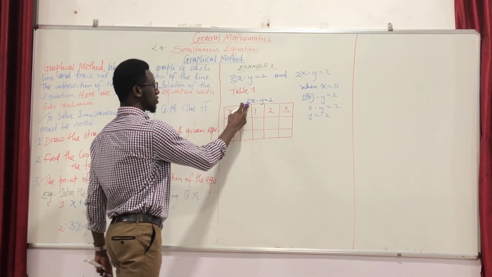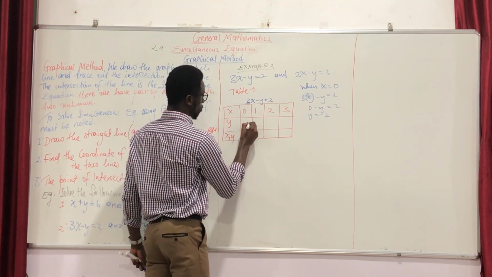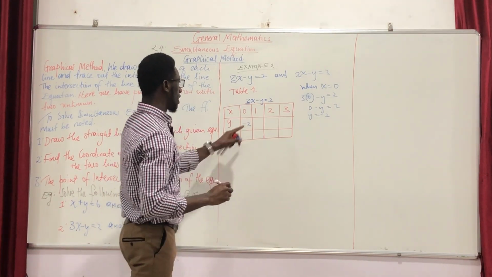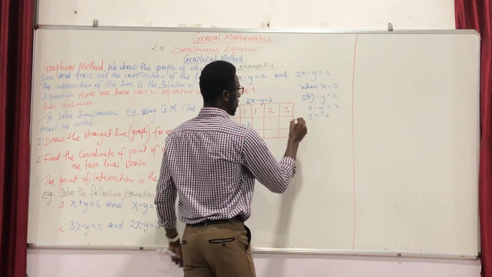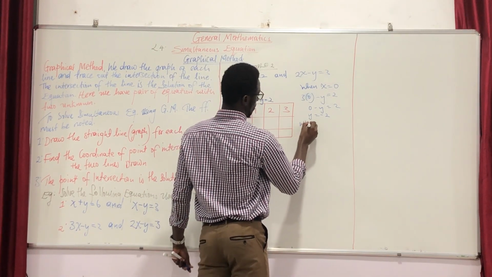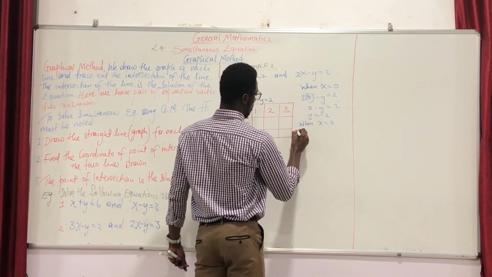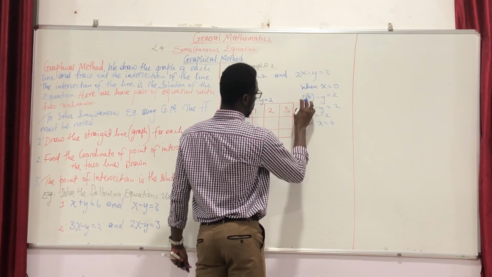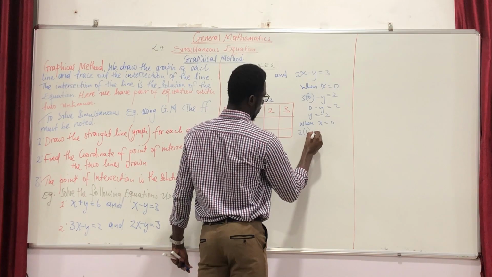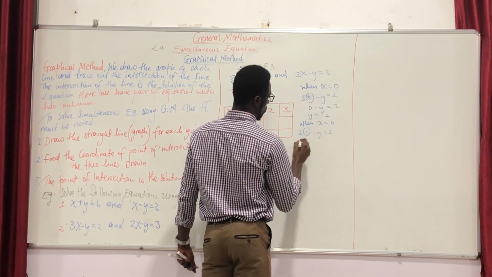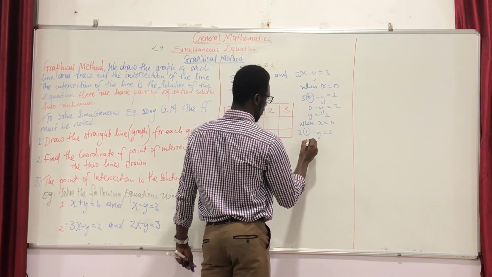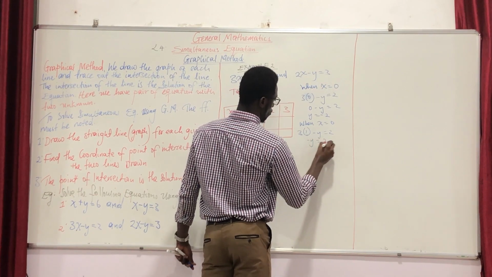So when x is 0, y is minus 2. Again, when x is 1, what is our y? 3 into 1 instead of x, minus y equals 2.